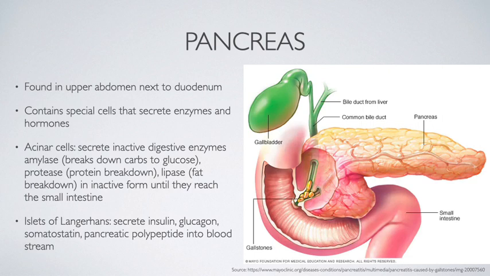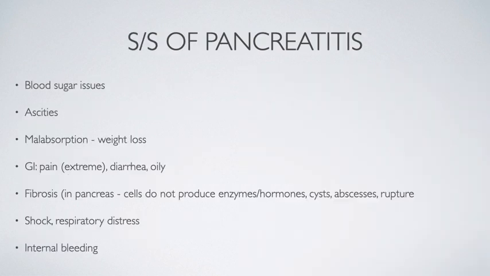The islets of Langerhans are responsible for secreting glucagon, insulin, somatostatin, those other hormones that relate to digestion. Epithelial cells also produce bicarb in the area, but we'll talk about that at a different time.